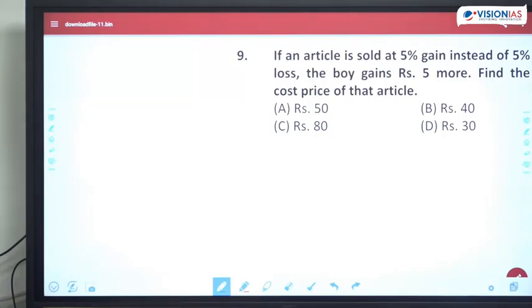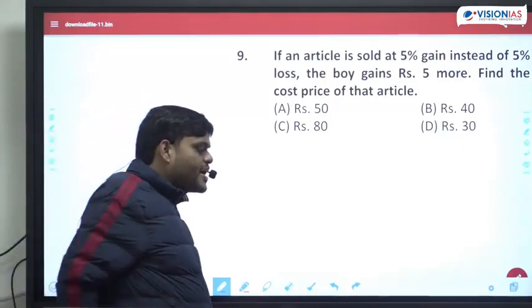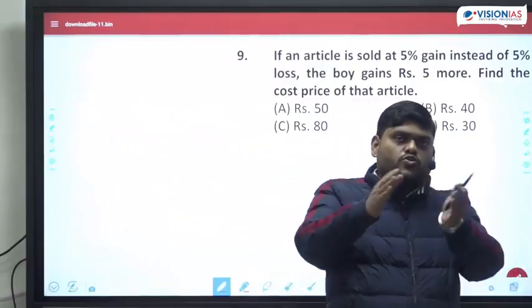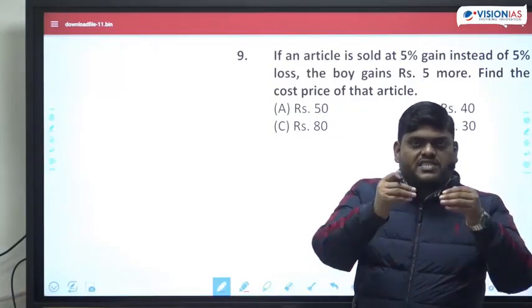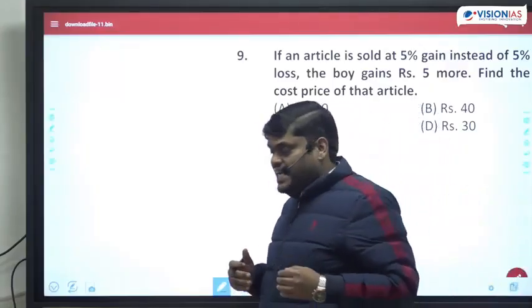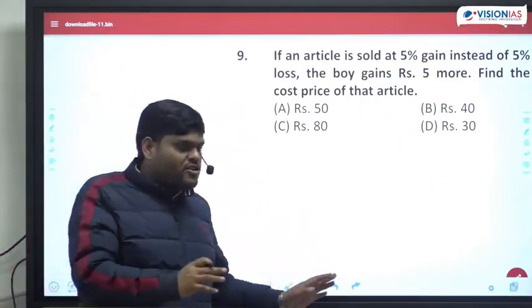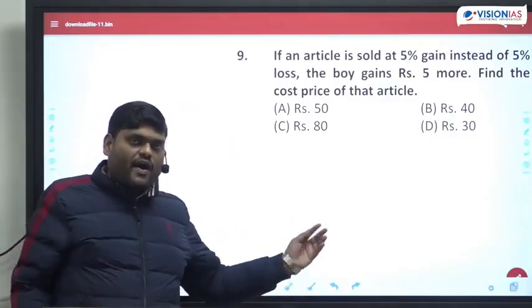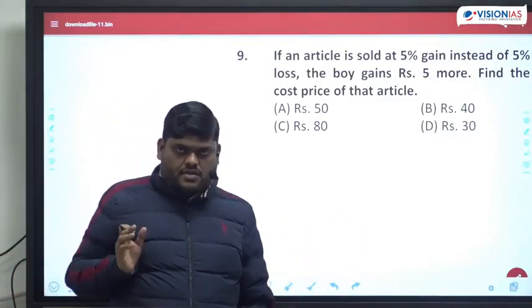See, if you are still confused, you cannot avoid one problem. Everything has a certain solution. You cannot avoid one problem and go to the solution of another problem. Both problems are different. If you are still confused between CP, MP and SP, then you have to go back to the basics and clear it. You cannot say, sir, I can avoid the CP, MP and SP difference and directly go to the option and answer.